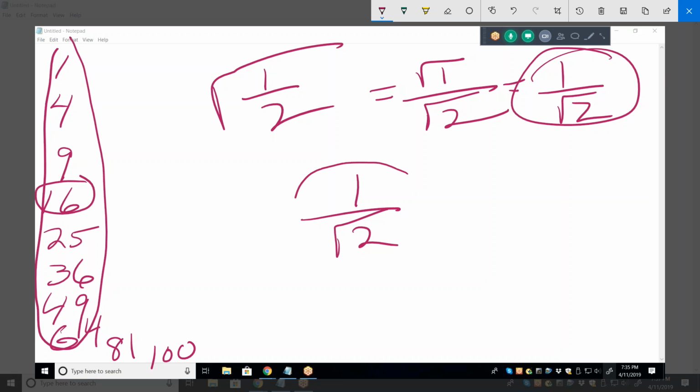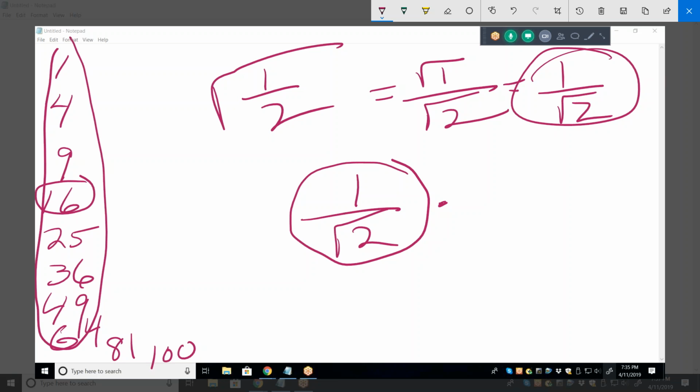I can take any fraction and multiply it by the number 1. Important distinction. It's not like an algebraic equation. If I have an algebraic equation, I can do anything I want to the left side as long as I do it to the right side. Anything.